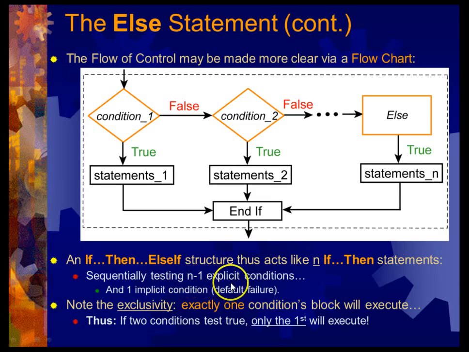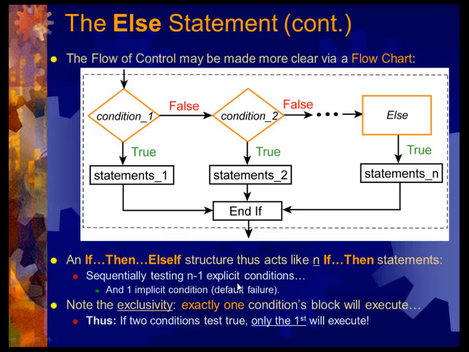Sequentially testing n minus 1 explicit conditions. What does that mean? Well, explicit just means he wrote them. Kind of don't need to write that word here, I don't think. And sorry, and one implicit condition, the default failure.